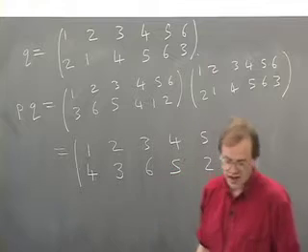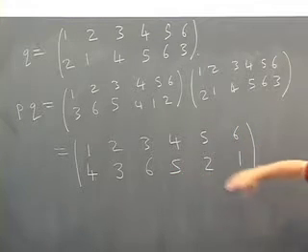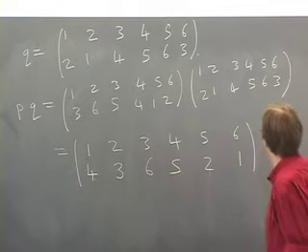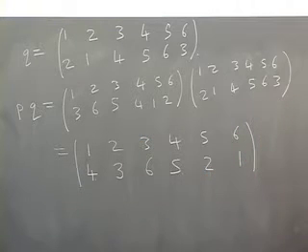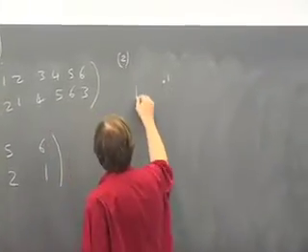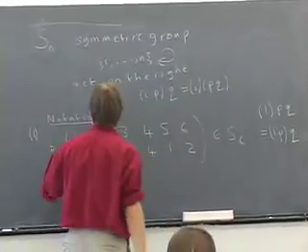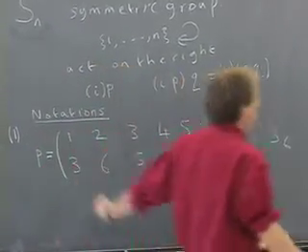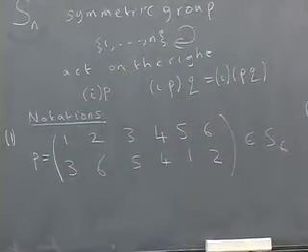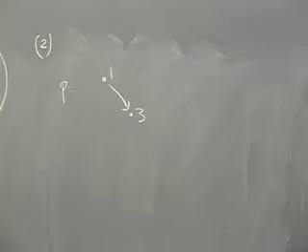So in the cycle notation, you somehow think more about what's actually happening. So you have the point 1, and let's look at the permutation P. What does P do to 1? 1 goes to 3. And then if you look at 3, 3 goes to 4.